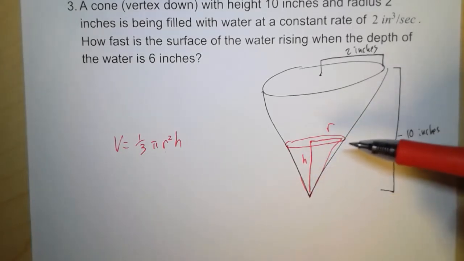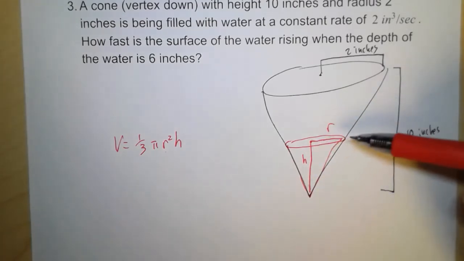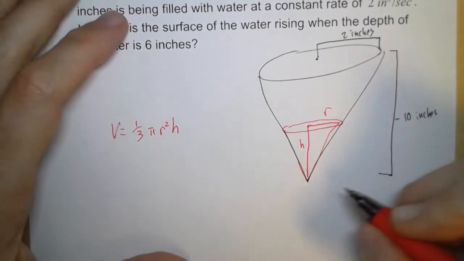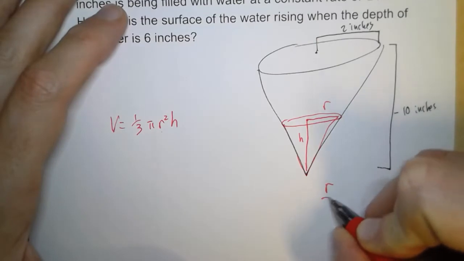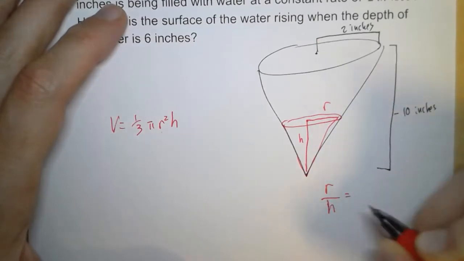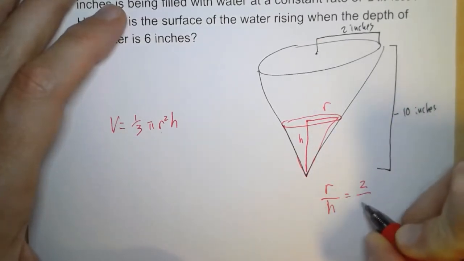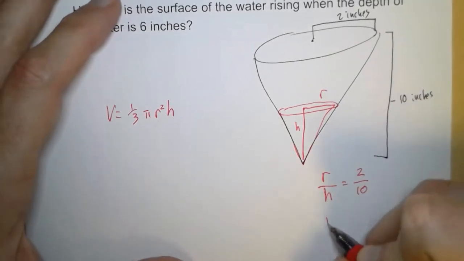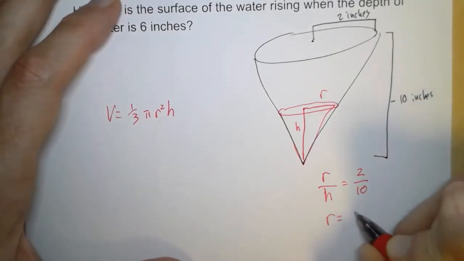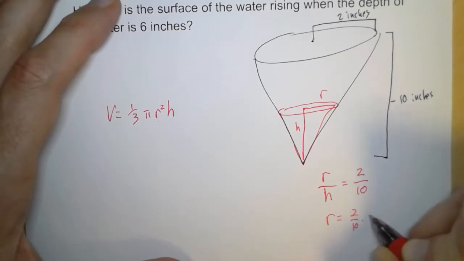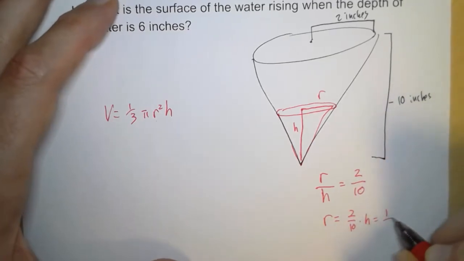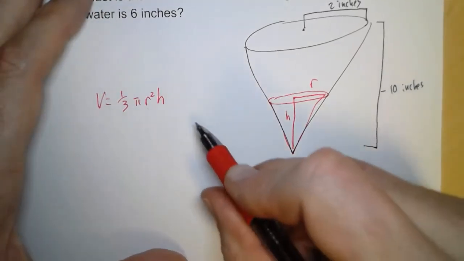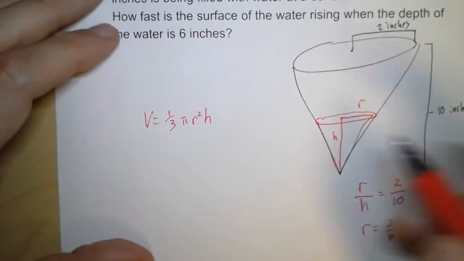So we want dh dt, which means r doesn't really matter for us. So we can substitute r out. So the ratio of r to h is equal to 2/10. So we'll solve for r, and so r equals 2/10 times h, or more simply, 1/5 h. And so that is what we can substitute up here.